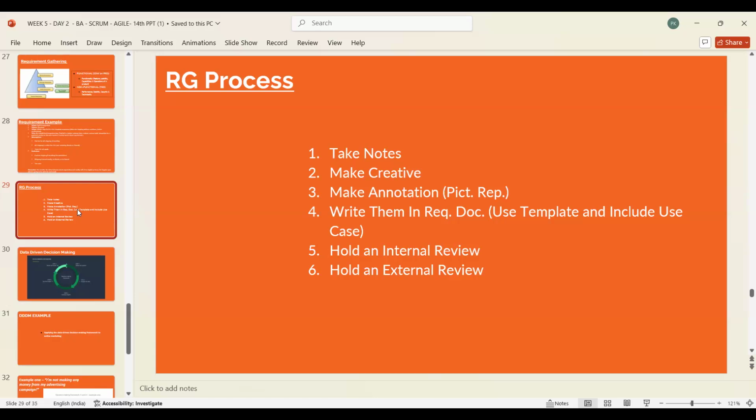Okay, so we are saying have requirements in templates, and the last two are very similar, just with different stakeholders: hold an internal review, hold an external review. Internal review means you are showcasing your work to the audience or to the stakeholders.